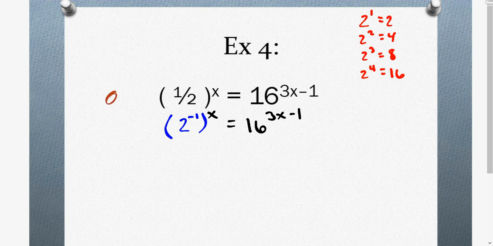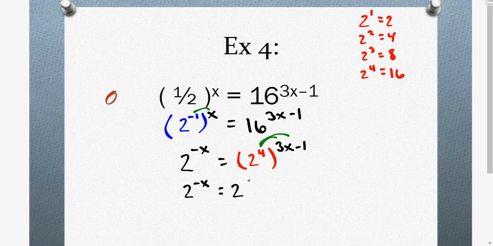All right, so over here on the left, this really just becomes 2 to the -x. That's equivalent to 2 to the fourth, because that's how we're rewriting the number 16, raised to the 3x minus 1. We get to do a little bit more distributive property because we also did it over here. And we end up with 2 to the -x equals 2 to the 12x minus 4.